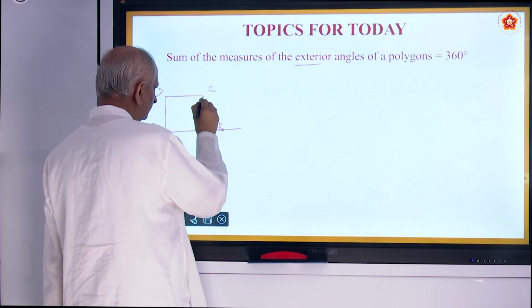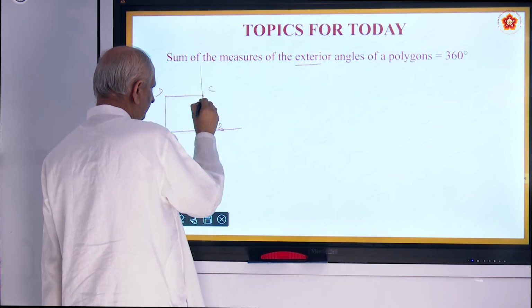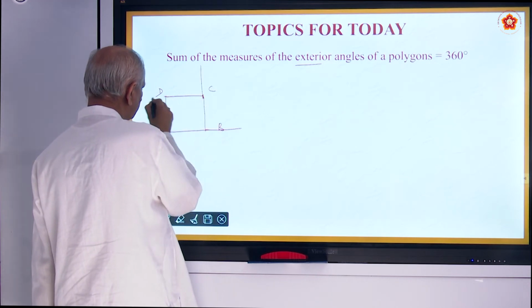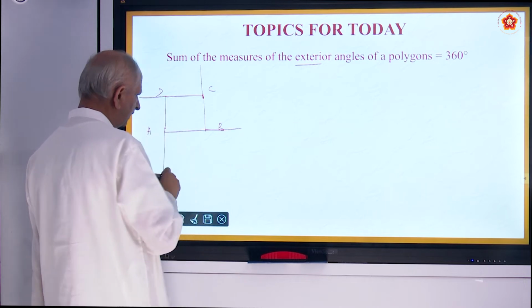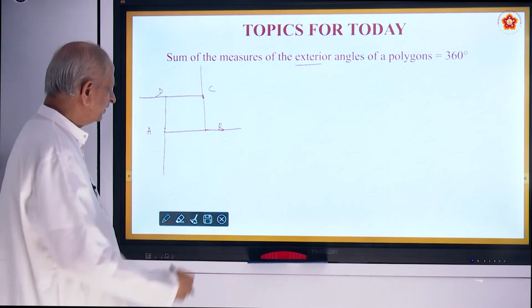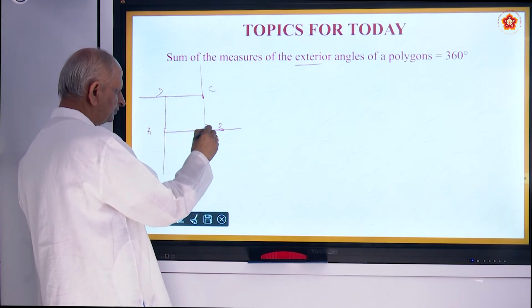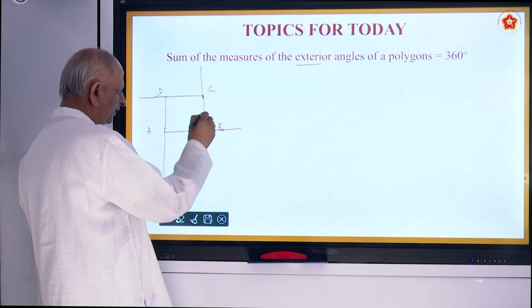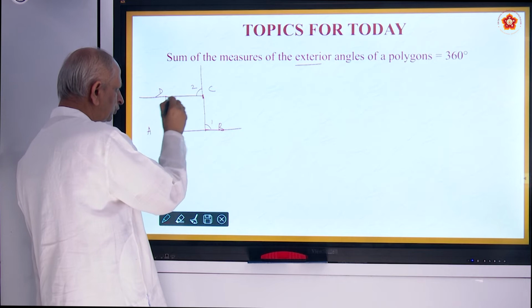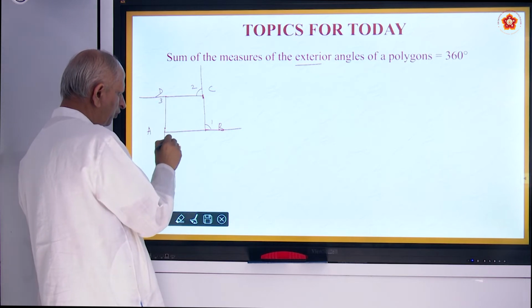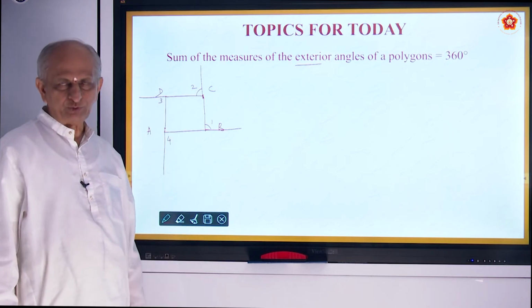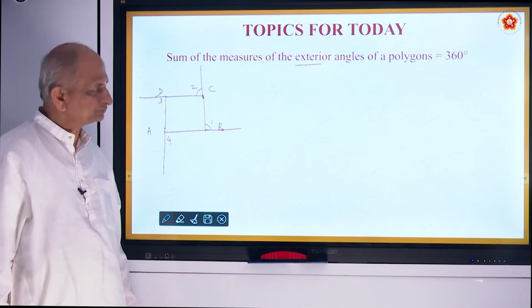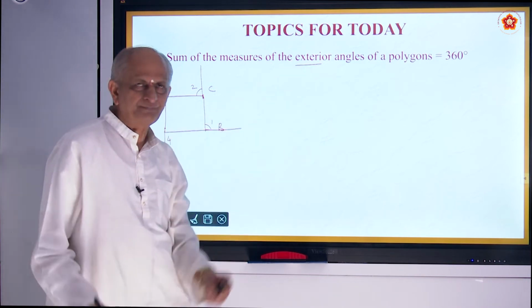Like this and like this, like this and like this. So these are called exterior angles. Suppose you name them 1, 2, 3, 4. So 1 plus 2 plus 3 plus 4. That is what is meant by exterior angles.